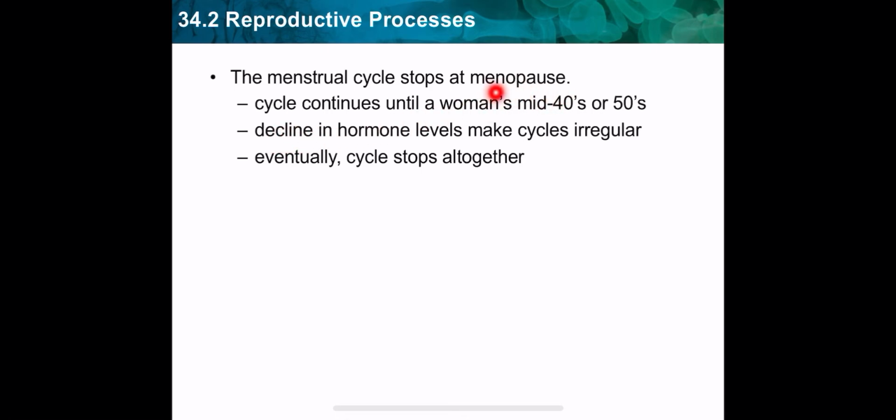The age of menopause is different from one woman to another. What happens during menopause? A decline in the level of hormones leads to irregular cycles, and after that the cycle stops.